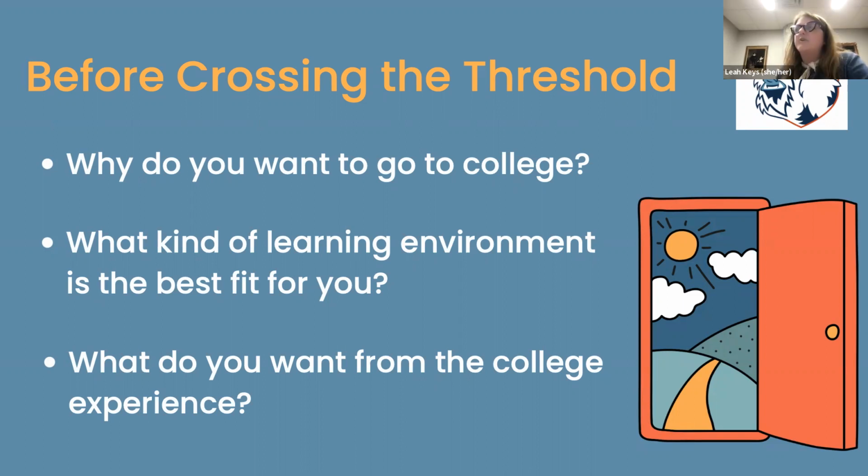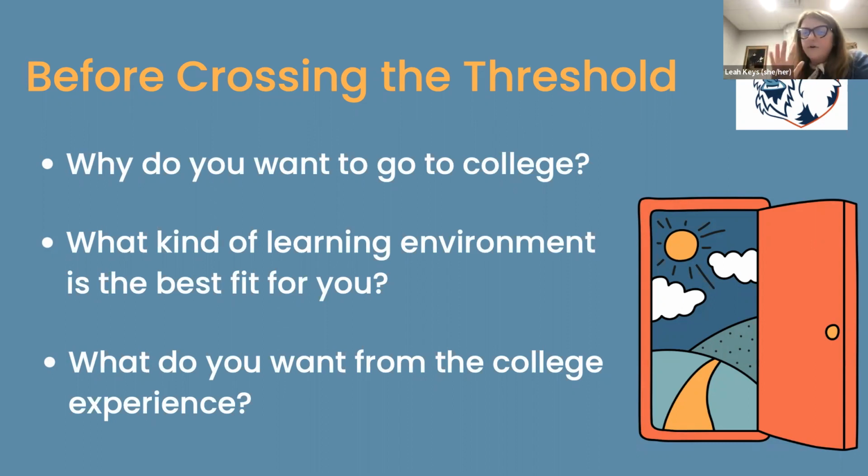If you can answer that question, it doesn't have to be a paragraph essay. But even if you're just able to say I really love learning and I know that college is the next step. There are more things that I want to learn about and really focus in on. I'm excited for independence and learning about myself as a whole person.